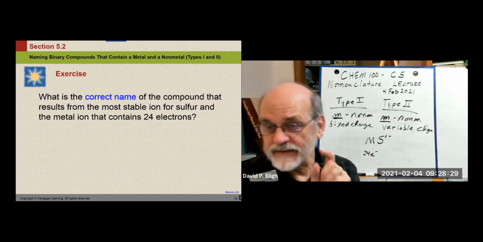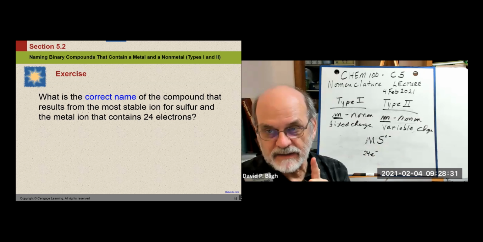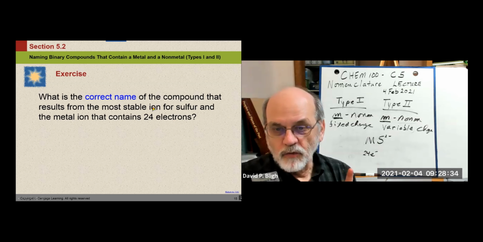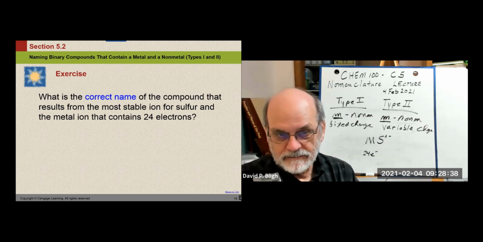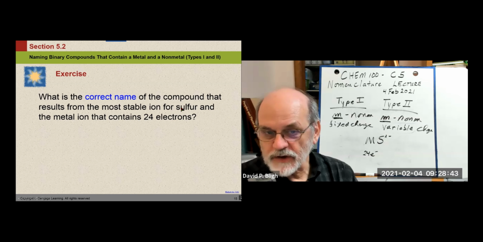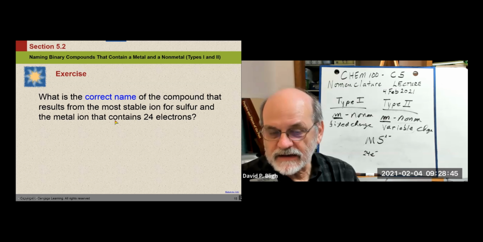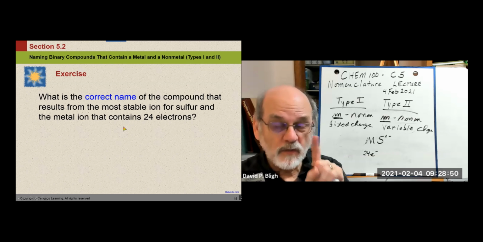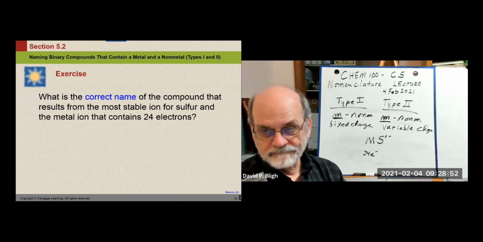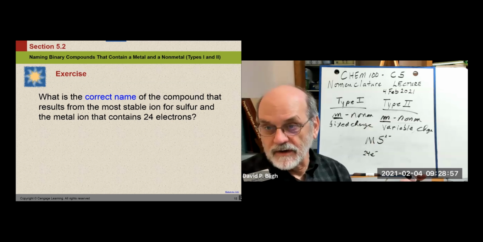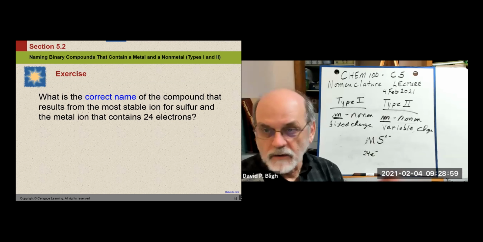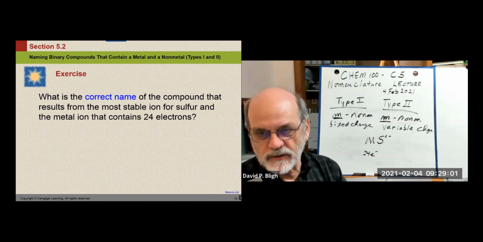Now, there's one thing in this problem that's not stated explicitly, but it's understood. We're forming this compound with only one metal atom. So we're assuming that there's only one of them. Otherwise, we're lost. We can't answer the question, because if there are 2 or 3 or 4, we don't know. So we have to assume that there's only one.